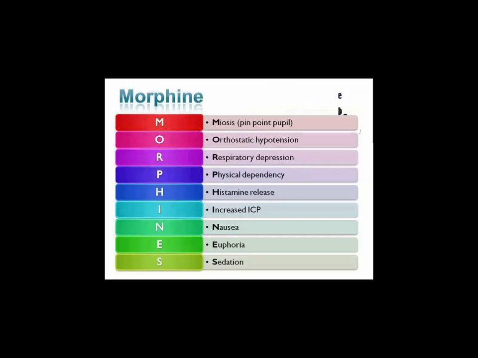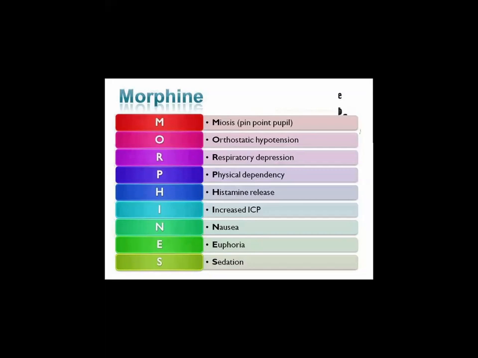So here you can see the main pharmacological effects of opioid medicines. How can you easily remember these effects? Morphines. M, miosis, they cause pupil constriction. O, orthostatic hypotension. Opioids may reduce the blood pressure. R, respiratory depression.